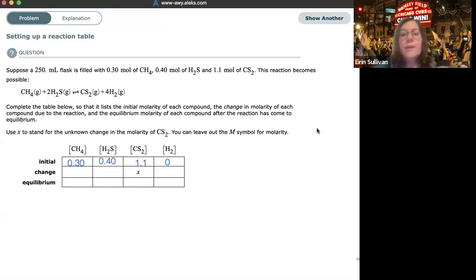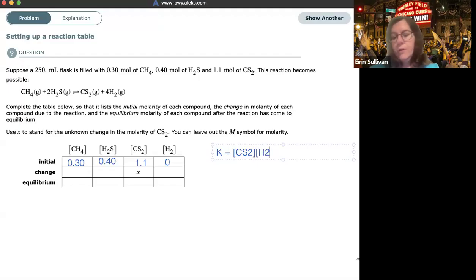However, what you should really do to be thorough is actually work out your reaction quotient, which is using your equilibrium constant expression and substituting in the non-equilibrium or initial values. So I'm going to go ahead and write an equilibrium constant expression for this particular equilibrium, just to be thorough.